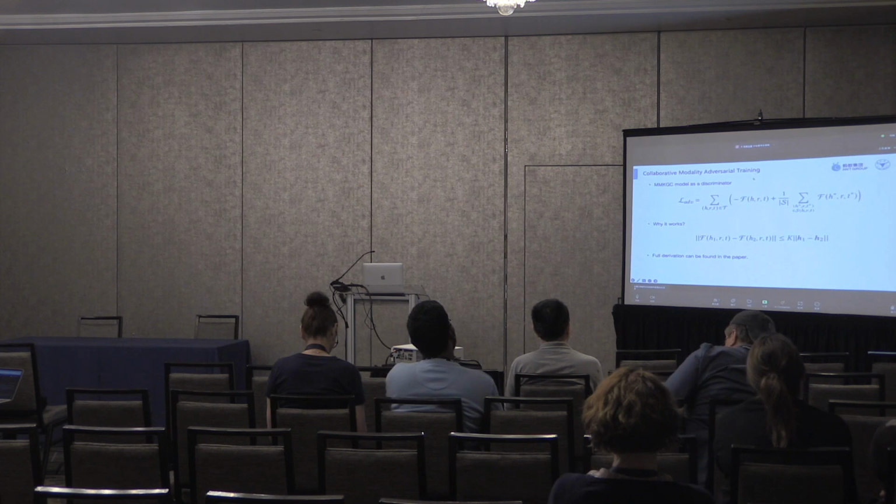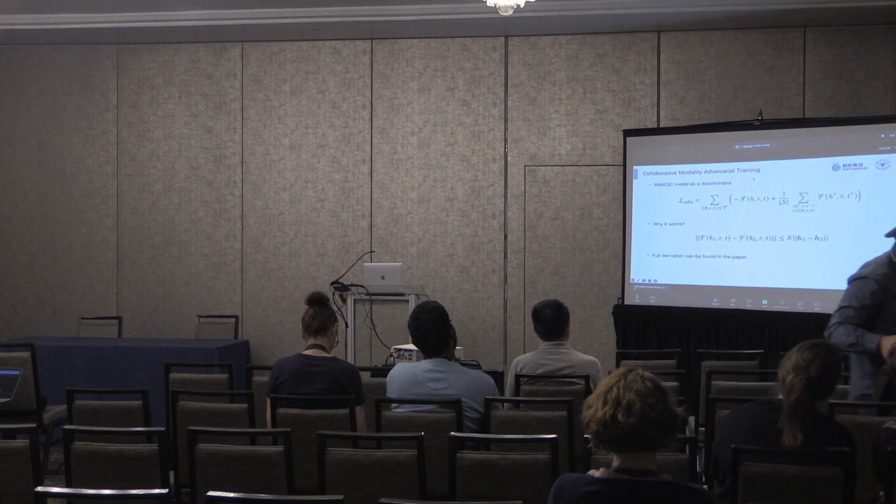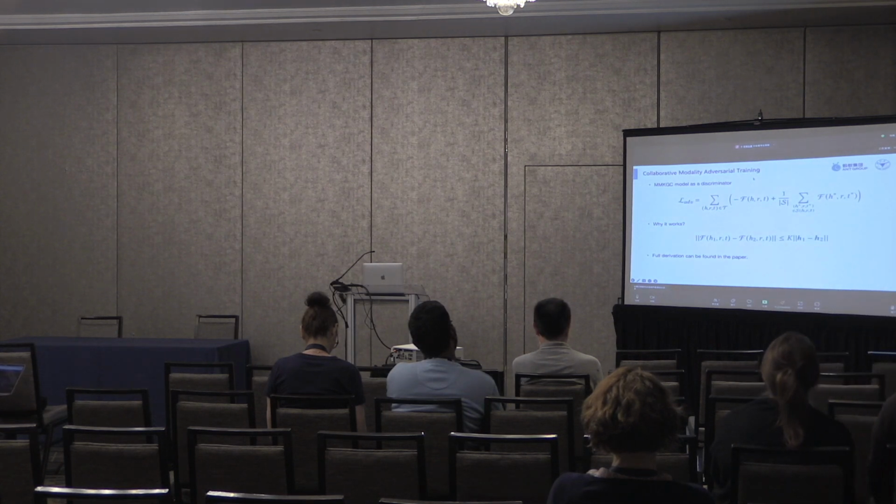Besides, in the multimodal knowledge graph completion model, we can find that the score function we designed before is a discriminator which can discriminate the triple plausibility with a scalar score. So, in our design, the discriminator of the WGAN framework is the multimodal knowledge graph completion model itself.